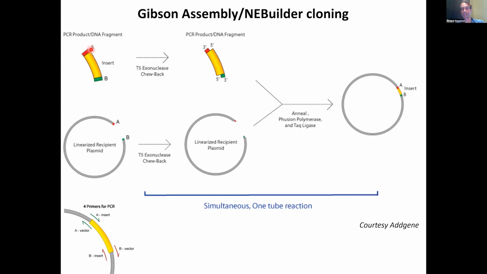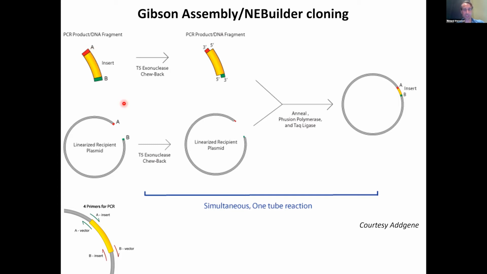Or you can add a site in between your insert and the plasmid, same thing, using PCR primers to add a restriction enzyme site, or maybe a tag onto your gene of interest, or add a mutation. That is a common way that we add mutations to plasmids.